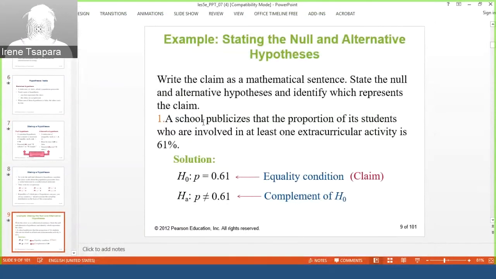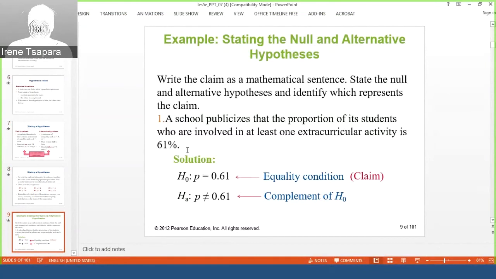If you read this carefully, you will see that this is a statement that no one will give, not even a school will publicize such a statement. It's a very strong statement. What does it say? It says that the proportion of the students in the school that are involved in at least one extracurricular activity is exactly, since it says is 61%, then it means that it's exactly 61%.